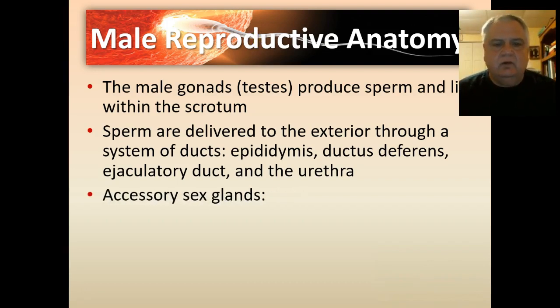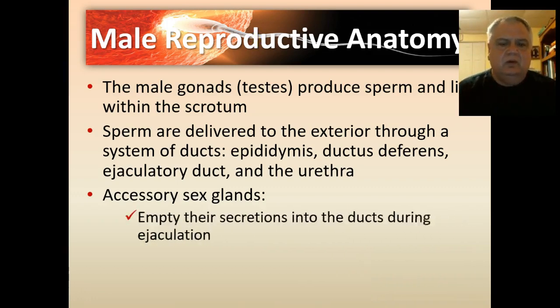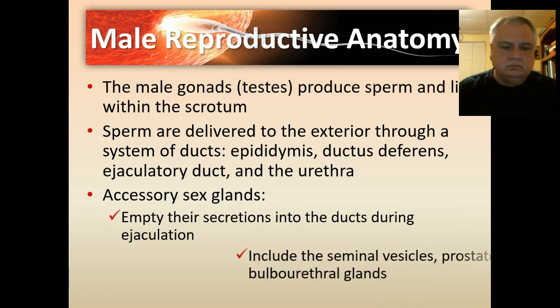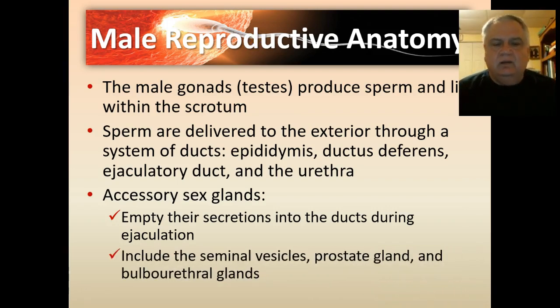In addition to this duct system, there are also some accessory sex glands. These glands empty their secretions into the ducts during ejaculation. The glands include the seminal vesicles, the prostate gland, and the bulbourethral glands. These glands produce secretions that contribute to the formation of semen.